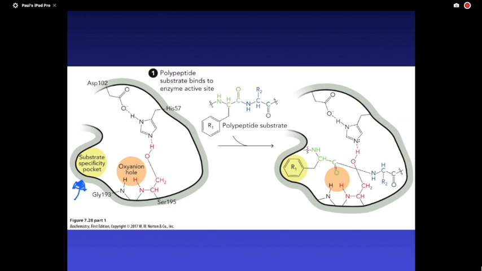Second, there is an aspartate, histidine, serine. This is called the catalytic triad. Normally, serines are not so reactive. But in this particular enzyme, the serine is very reactive. The way for serine to be reactive is for this to happen. This oxygen has to be deprotonated, so it becomes negative, and it can become a nucleophile.